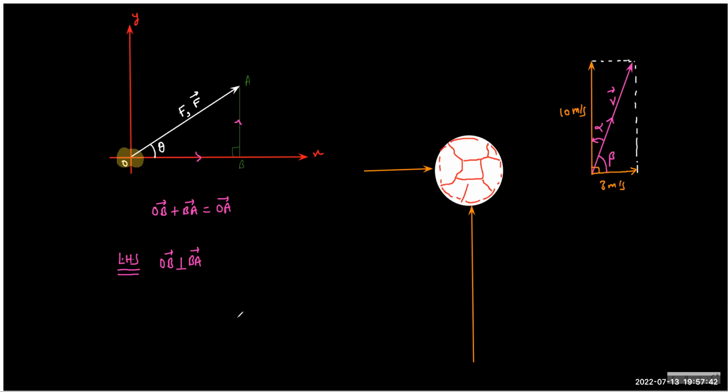Because OA is a vector which can be created by using these two mutually perpendicular vectors, which means these two together can produce the same effect as this one alone. And these two are capable of creating this vector. So I can replace this by these two values.